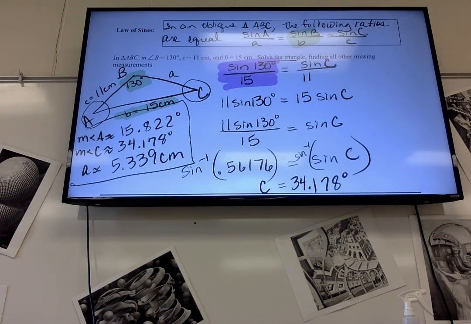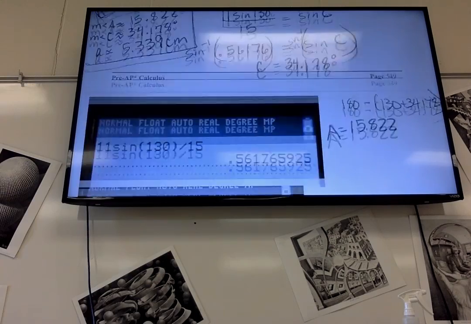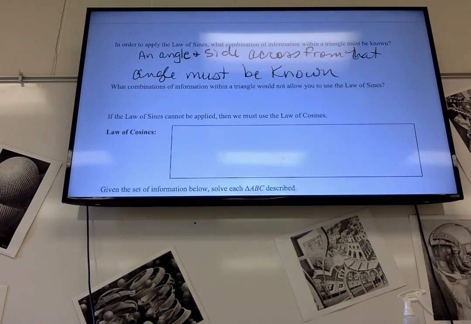Looking back at this triangle, if I knew three things, any three things, angles, sides, or combinations of angle and sides, is there any way that I wouldn't know an angle and a side across from it? If you had just three measures of the angle. Okay, so if we had what we would call angle, angle, angle.